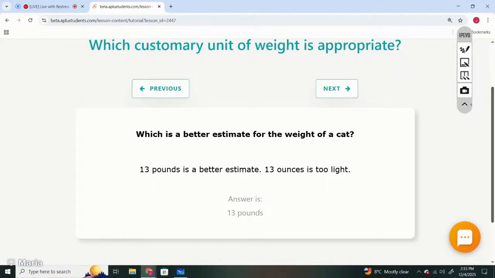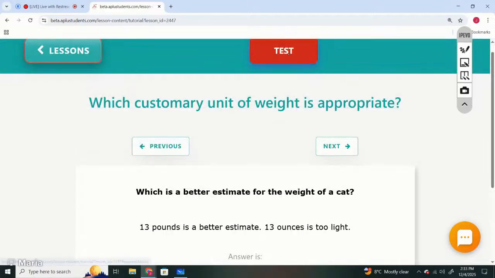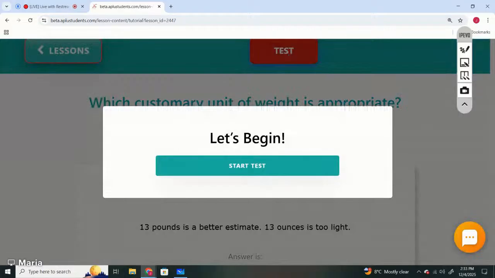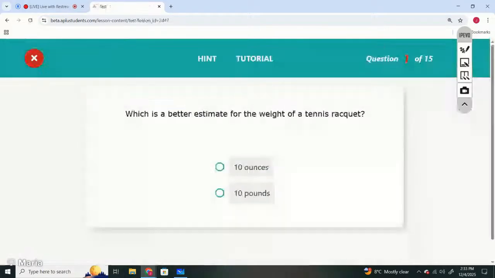Let's just start with the test questions. Which is a better estimate for the weight of a tennis racket?